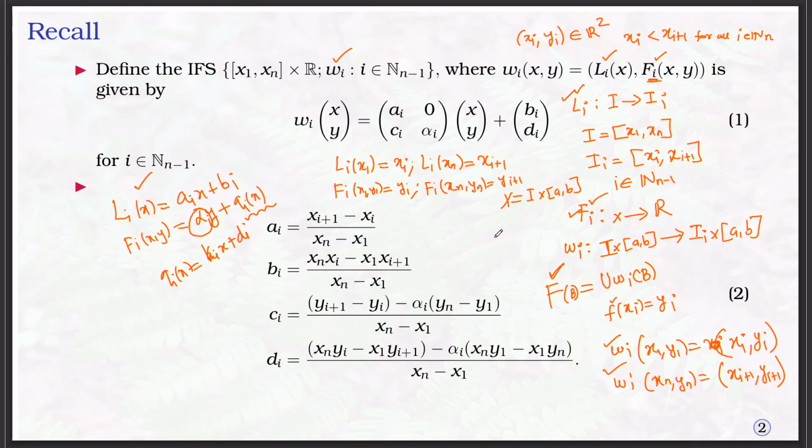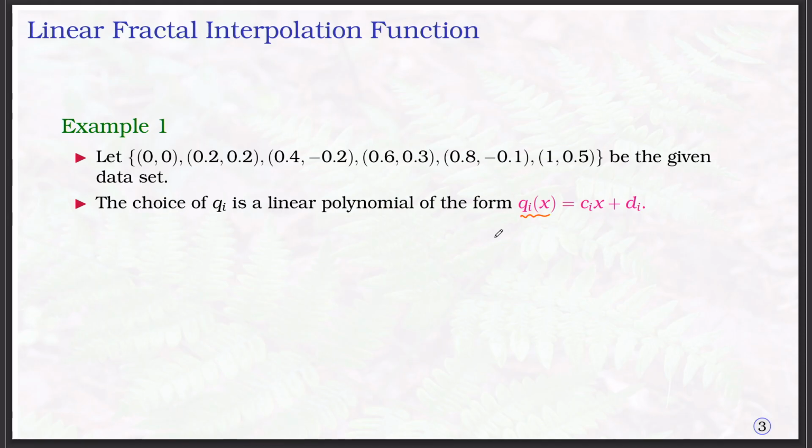If we take qi(x) = x^2 + ci x + di, then it is called the quadratic interpolation function.